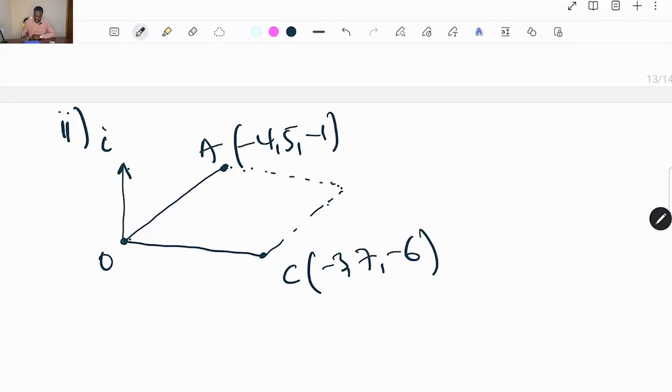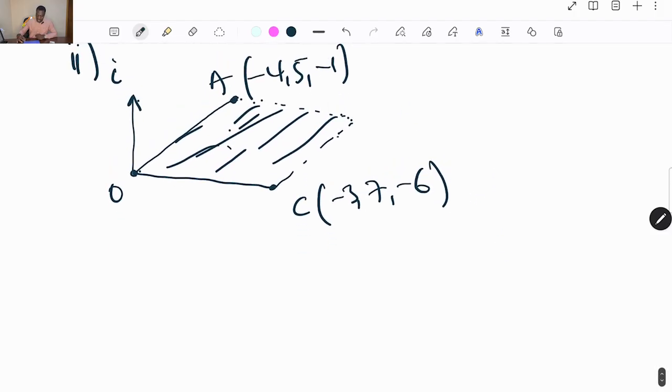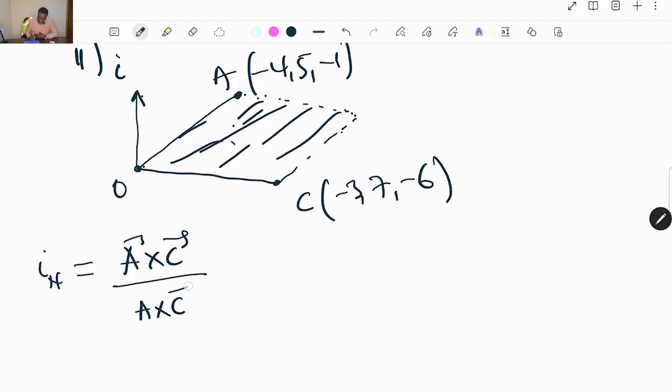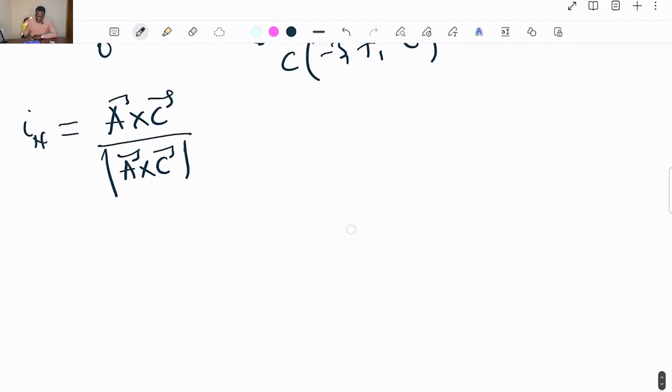Before that, this plane forms as a result of the cross product, so first we have to get the cross product of vector A and C. Then the unit vector normal to this will be equal to the cross product of vector A and vector C all over the magnitude of the cross product. This is the formula.